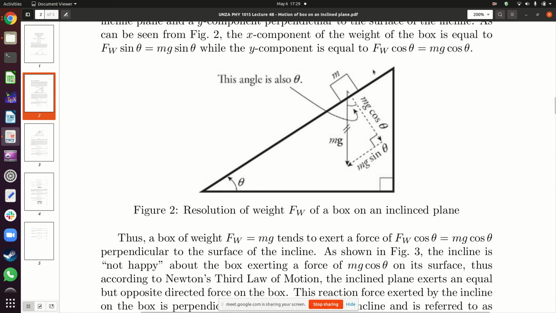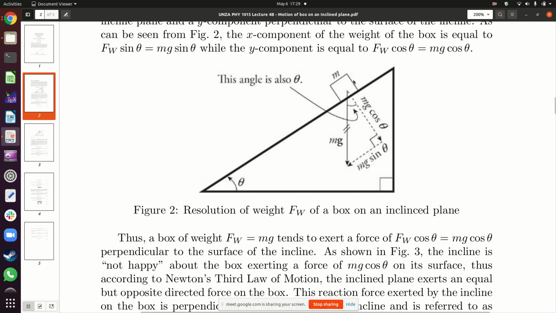So there is another force called friction acting on this box which has not been shown and which is going to be shown very shortly. Since the box would naturally tend to slide down, the friction force which opposes the motion of the box as it is going down will have to point up this way.